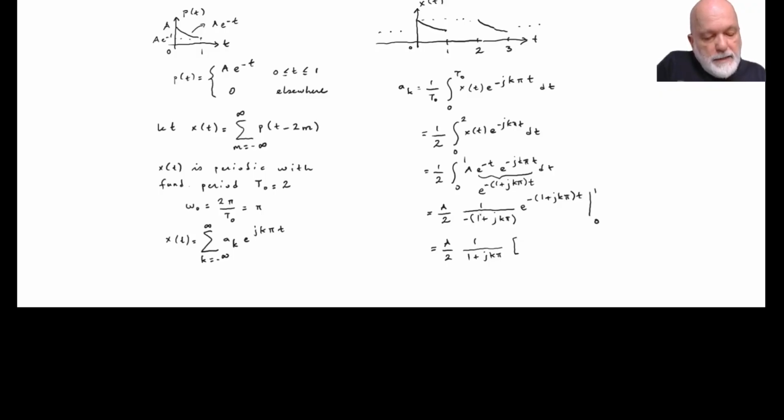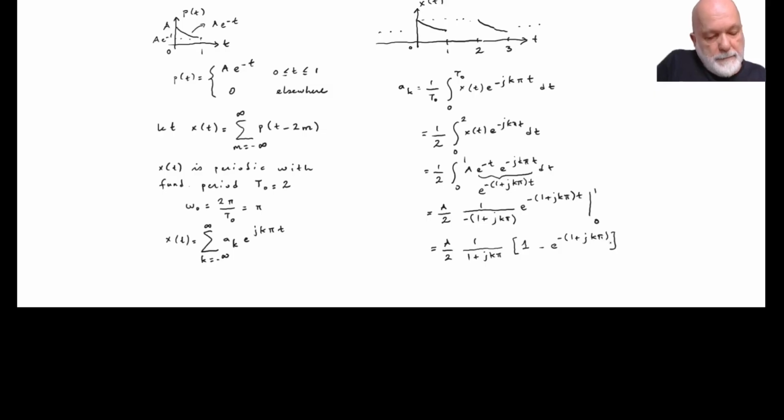So we get rid of the minus sign, and that's why we evaluate at 0 first and then at 1. So at 0, this is equal to 1 minus e to the minus (1 plus j k pi).